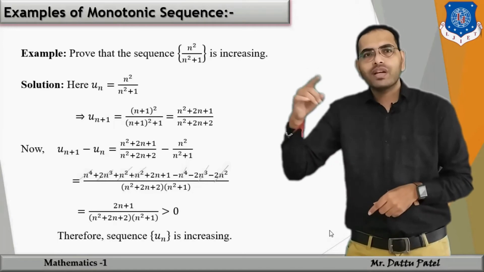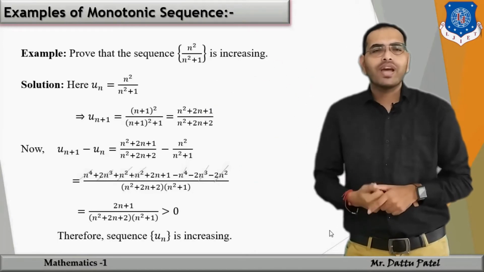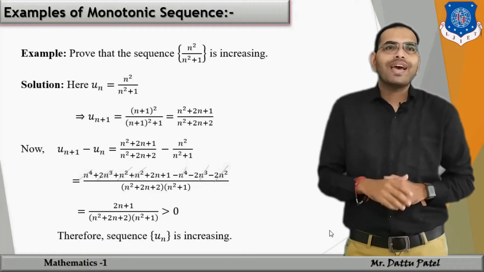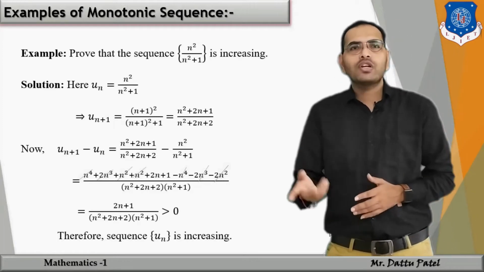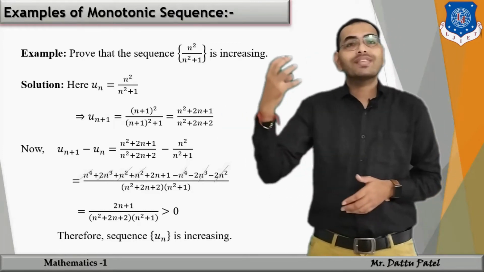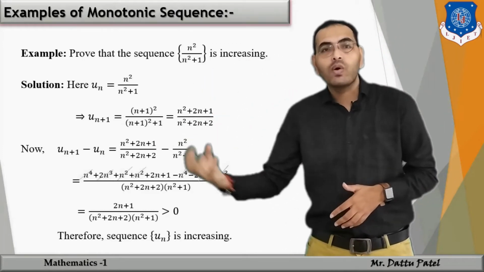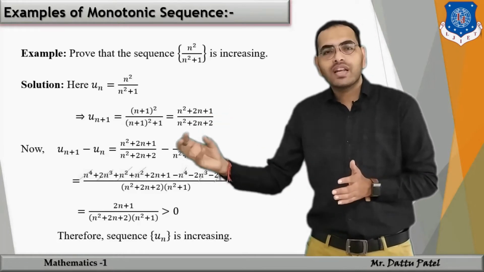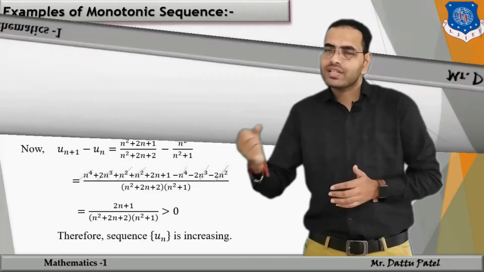Some terms cancel out and we get 2n plus 1 in the numerator, and in the denominator (n square plus 2n plus 2) into (n square plus 1), which is greater than 0. Means the subtraction is greater than 0, so we can say that the sequence is monotonic increasing.